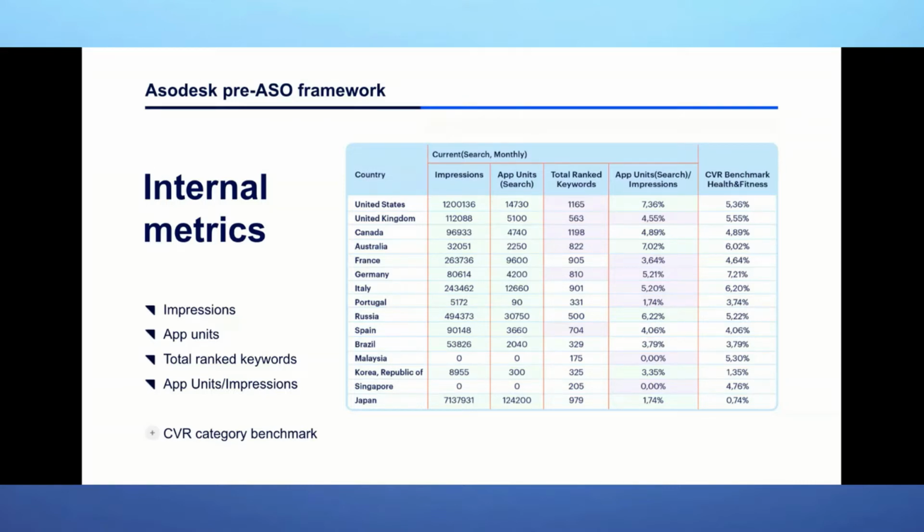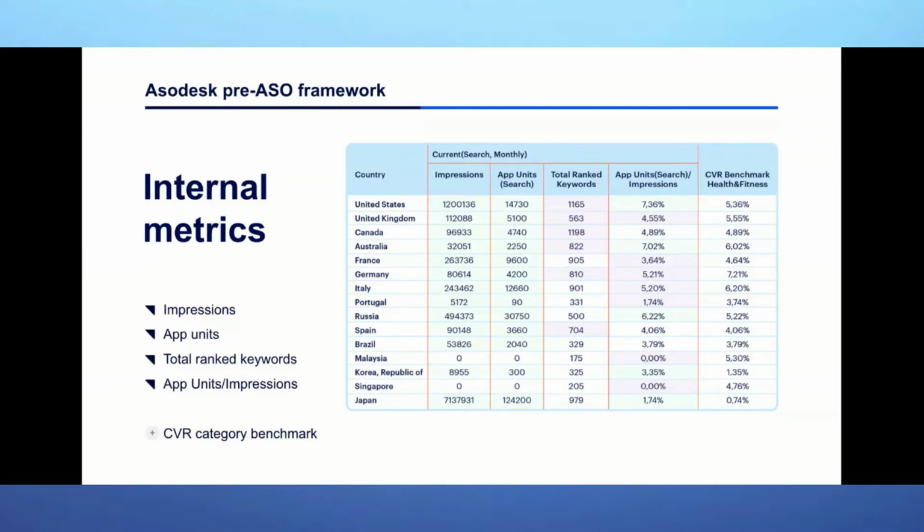So internal metrics. Here, the data you see on this part of the table has been assembled, as I've said, for the application Meditopia. Basically, number of impressions, app units, and conversion rate (app units / impressions) have been evaluated by the ASO desk platform.